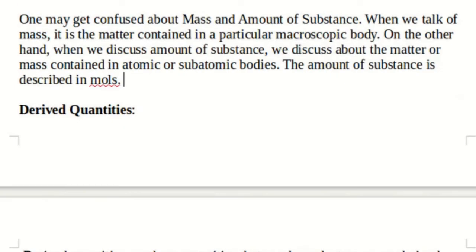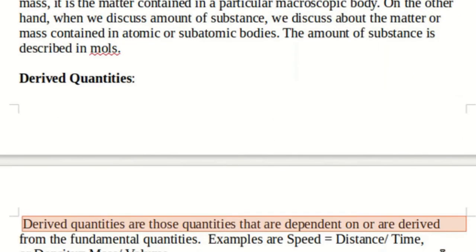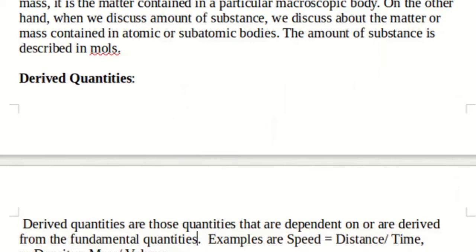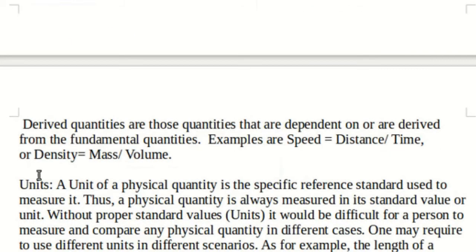So, fundamental quantities are those which are independent of other physical quantities. There are 7 such known and established fundamental quantities, namely mass, length, time, temperature, luminous intensity, electric current, and amount of substance.